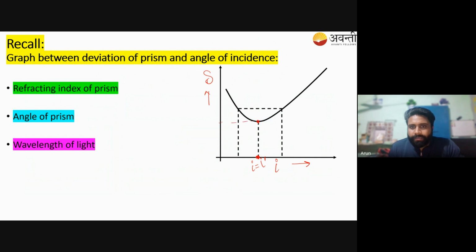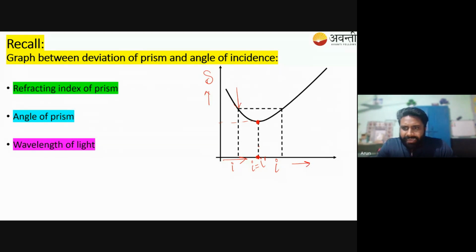Before that, on increasing the angle of incidence, you will see a decrease in the deviation of the prism. After a point, it reaches a common value, the minimum deviation by the prism. After that, if you increase I, it will increase the deviation of the prism.